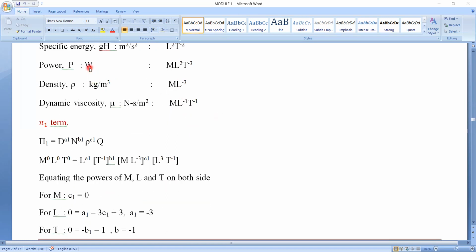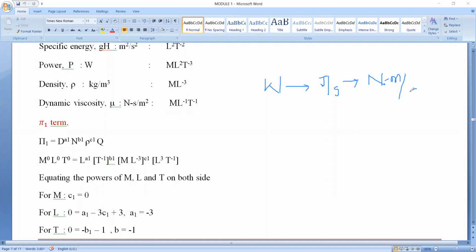So L square into t to the power minus 2 is the dimensional form for specific energy. Similarly, the power unit is in watt. So let me expand this. The unit for power is watts, and watts can also be written as joules per second, and the joules can also be written as newton meter per second.